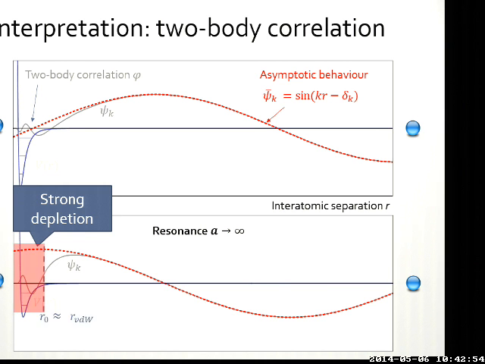And the typical radius for this depletion region, which I call R0, for van der Waals interaction is very closely equal to the van der Waals length. By the way, in this talk, I will define the van der Waals length as 1/2 times the mass times the C6 coefficient over h bar squared, to the power 1/4.